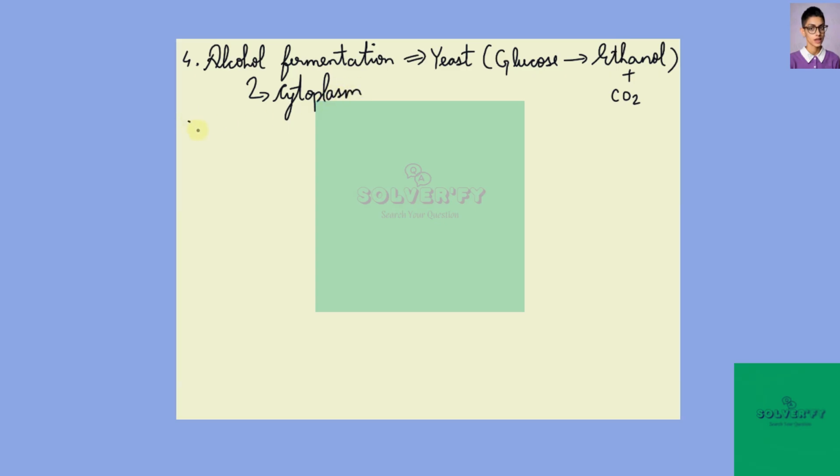glycolysis, where glucose is converted into pyruvate; oxidative decarboxylation, where pyruvate is converted into acetaldehyde by the enzyme pyruvate decarboxylase; and reduction, where acetaldehyde is converted into ethanol by the enzyme alcohol dehydrogenase.